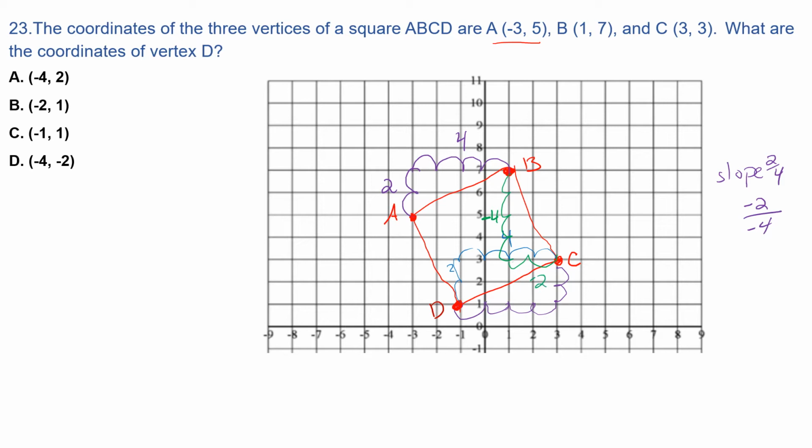So my run would be 2. So the opposite reciprocal is negative 4 over 2. And that does work. And so that fourth point there, D, is at the ordered pair, or at the coordinates negative 1, 1. So that would be C.